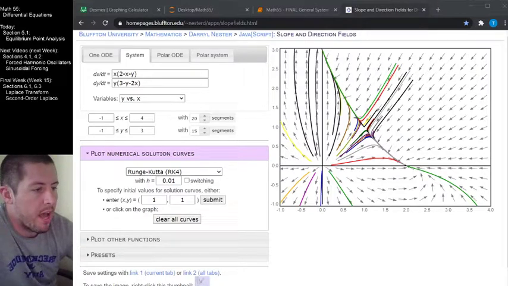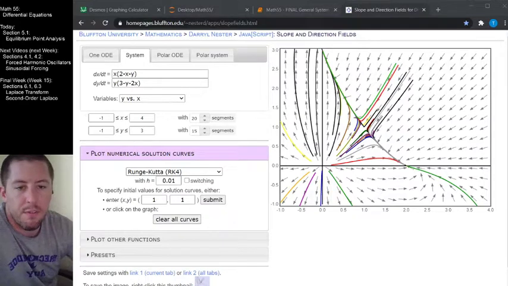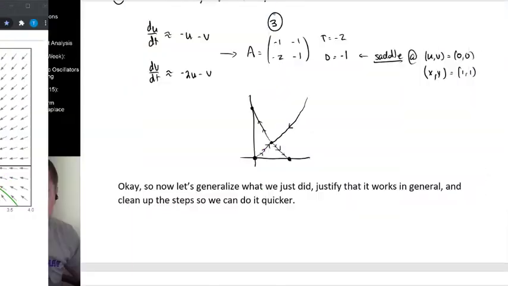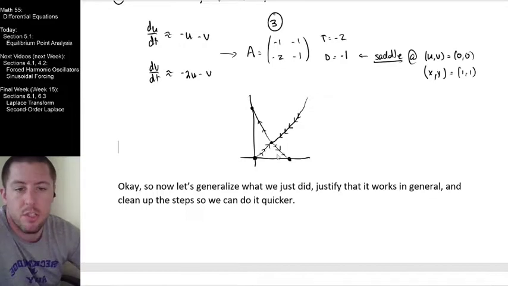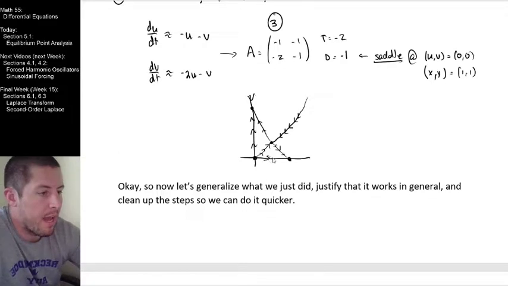And notice when I say lines, these are certainly curves, but near the equilibria they are closer and closer to looking like straight lines. And we certainly saw that these were moving up here and down here and out here and in here.